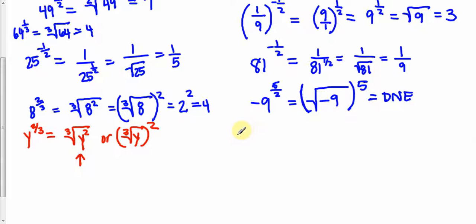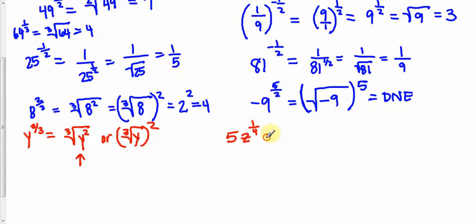Okay. Let's do another one with a variable in it. So 5z to the 1/4. This is one that's commonly missed because students think that the 5 is also raised to the 1/4 power, but it's really only the z that is. Does everybody see that? If the 5 were raised to the 1/4 power, there would be parentheses around the 5 and the z, and the 1/4 would be outside the parentheses.